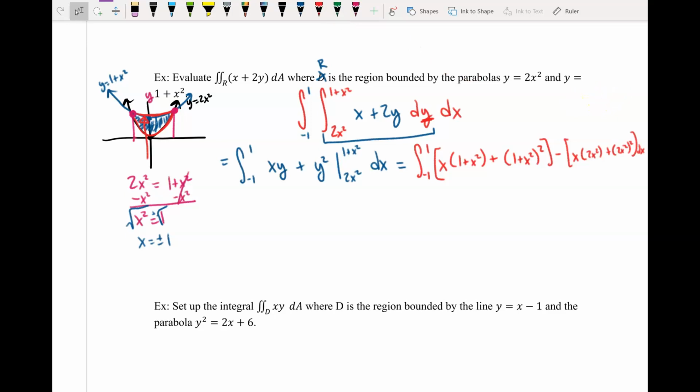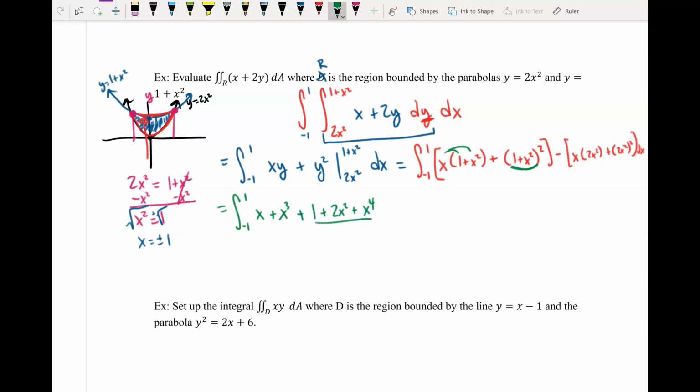Okay, so this is going to be equal to the integral from -1 to 1. So you're going to get x plus x cubed. And then when I FOIL this guy out, what is that going to give me? This is going to give me 1 plus 2x squared plus x to the 4th.